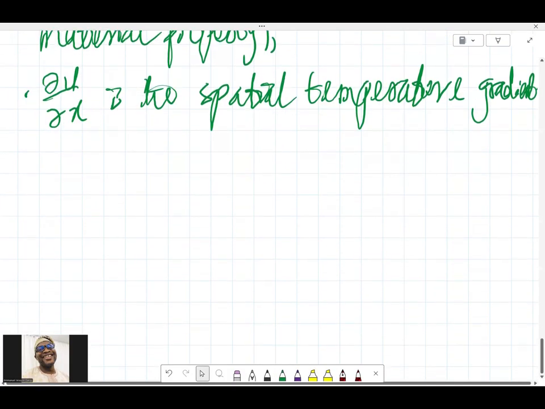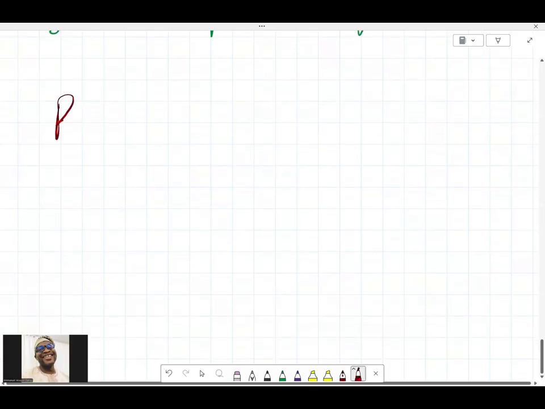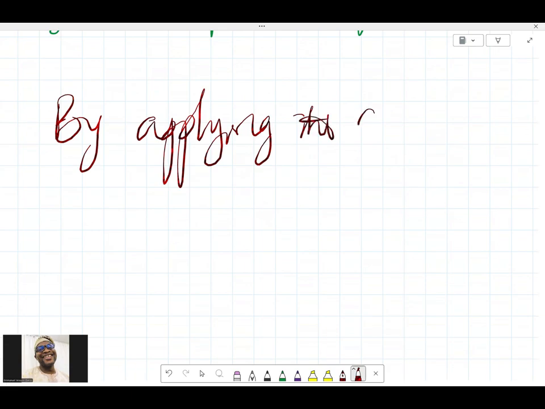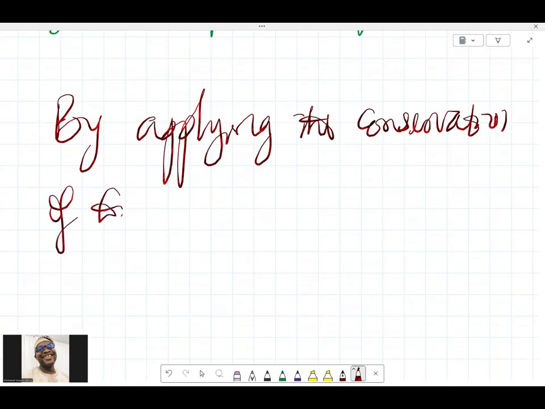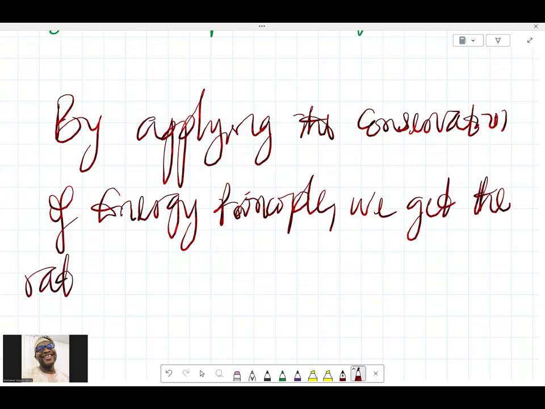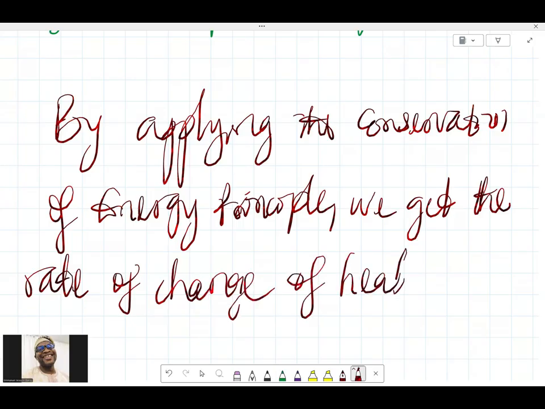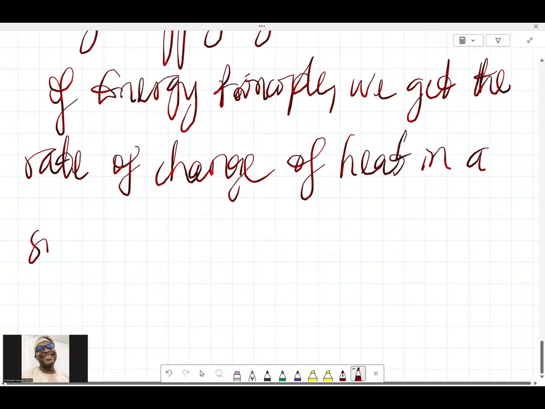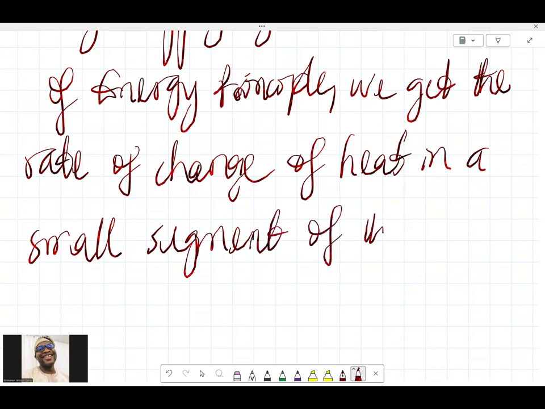Now by applying the conservation of energy principle, we get the rate of change of heat in a small segment of the material.